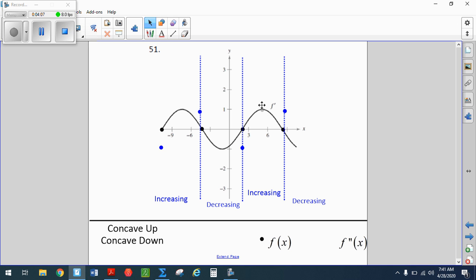So there's a relative max here, which means there's going to be an inflection point, probably at the 0. We have a relative min here, which means we're going to have another inflection point, which is probably at the 0, just because the inflection point's in the graph I'm looking at. And then a third inflection point at the third extreme that I see.